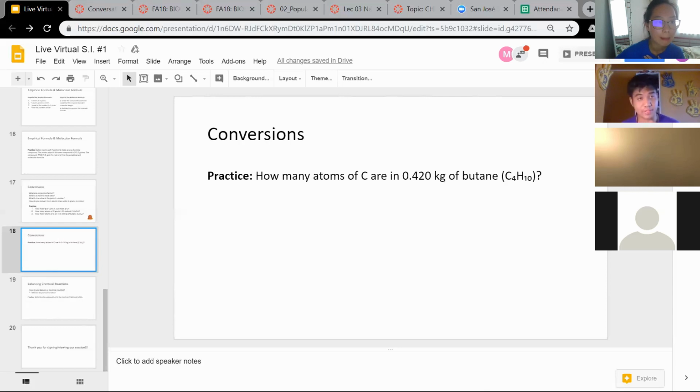Actually, okay, now we have 1.74 times 10 to the 22nd. I got that. Did I mess something up? Wait, 1.74 times 10 to the 22nd atoms carbon, right? I got 25. 10 to the 25th. What? Did I miss something here? Wait, I don't know.